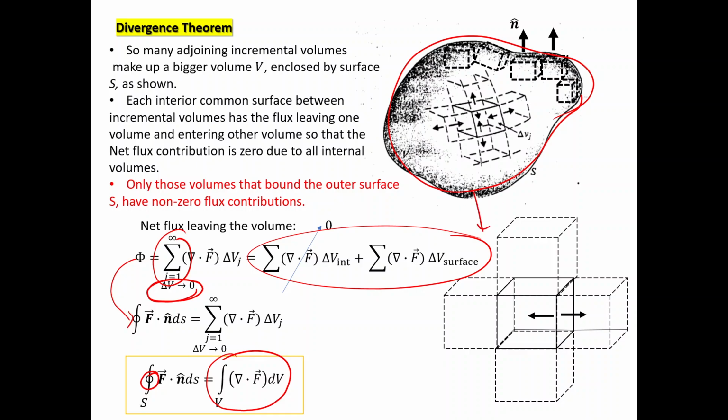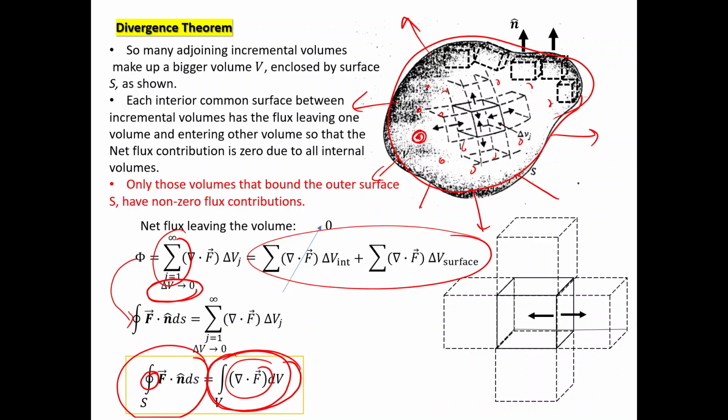Then the net outward flux through the surface, which is given by this quantity, equals the divergence at all points inside this volume. There are infinite number of points, and at each point there will be certain divergence.